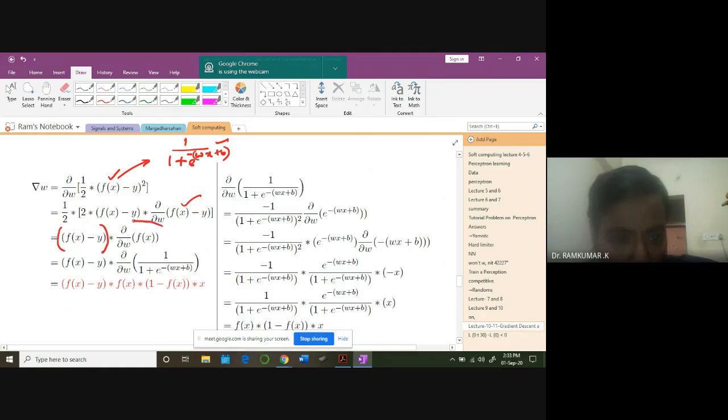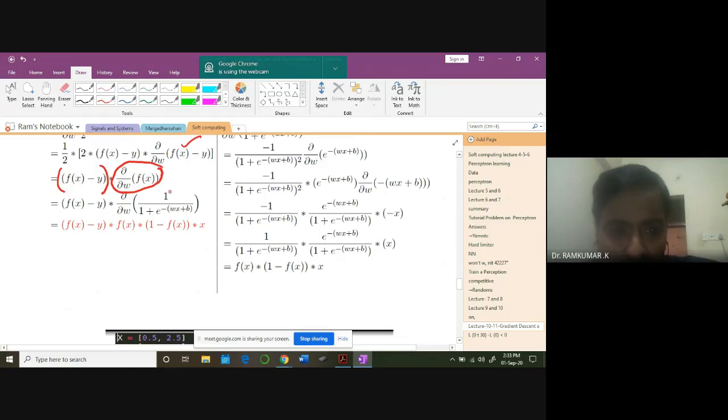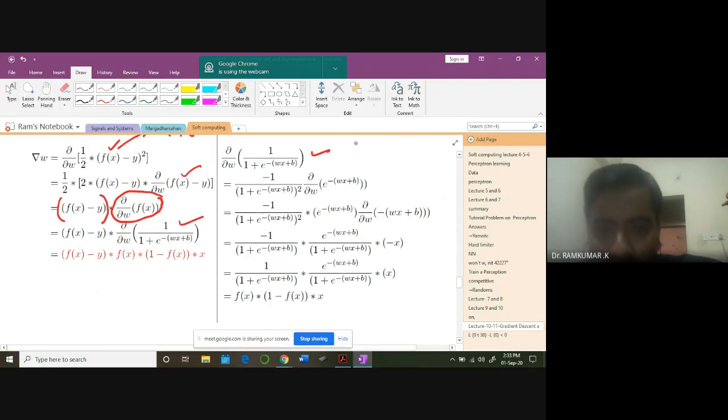And we need to work out this term. This term is quite important, so you can take this term and work it out here. It's f of x, you know this. When I work this out, I apply the u by v formula. Take it as -1, 1 by (1 plus e power minus (wx plus b)) the whole square, times dou by dou w of e power minus (wx plus b).